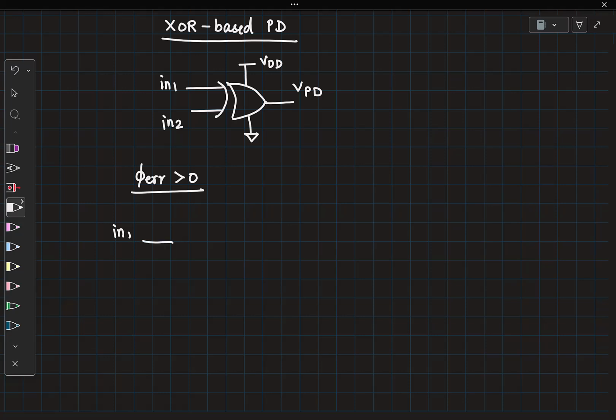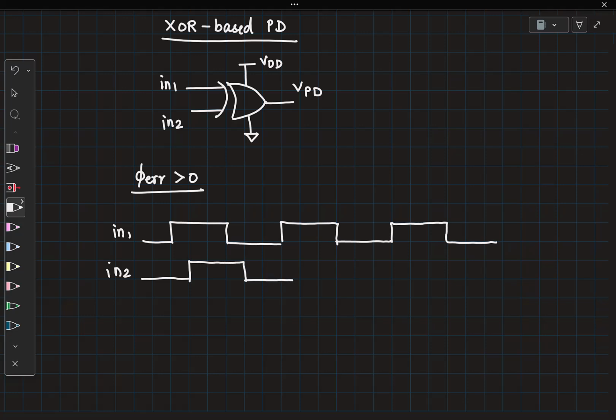So let's say this was my in1. And this is in2. Then the VPD output goes high here, remains 0 till this point because both in1 and in2 are 1.